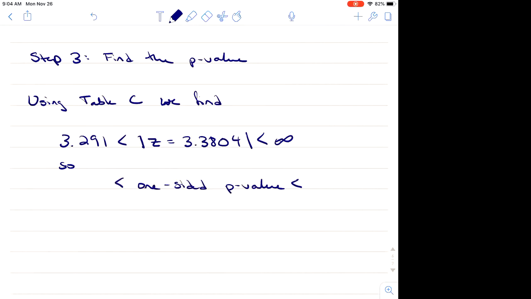If I'm always using the same setup and just keeping track of, okay, when I read these p-values, I have to switch the sides, then it's easier to keep track of. So my one-sided p-value must be less than 0.0005. If it's less than that, but it has to be greater than 0. So technically, but I'll just say that this is optional. And this is optional.